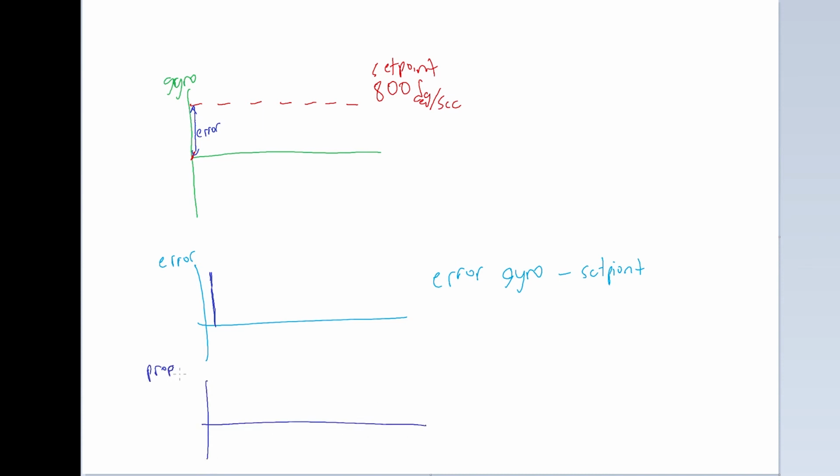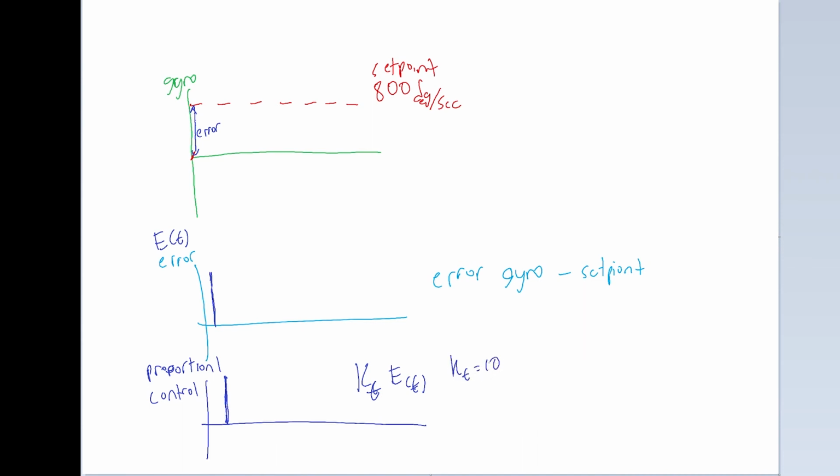So when you go down to proportional control, the equation is k of t times e of t, where e of t is error. So in the case where you already sense this error, which is the difference between the gyro and the set point, if k of t is 1, then the proportional control will put back exactly the number 1.